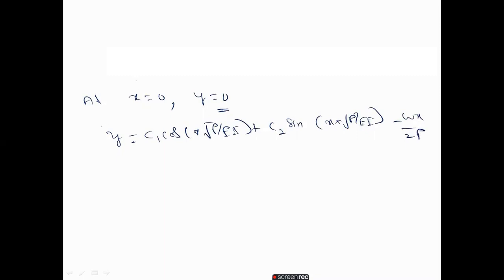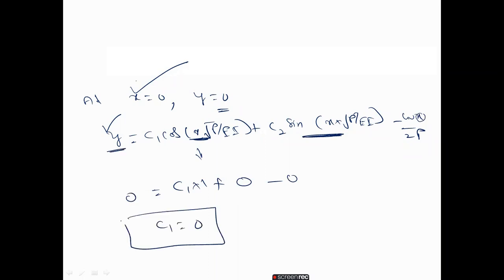Here y equal to 0, x equal to 0. Cos 0 equal to 1, so here c1 into 1. Sin 0 equal to 0. W into x is 0. So y equal to 0, hence c1 equal to 0.